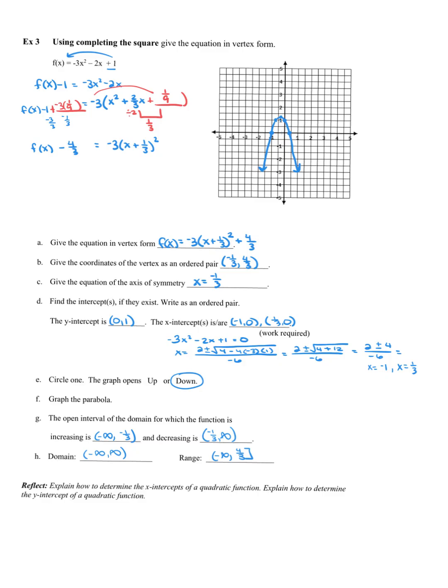Okay, so explain how to determine the x-intercepts of a quadratic function, and then explain how to find the y-intercepts. So for x-intercepts, let y equal 0, and then solve for x by factoring, completing the square, or quadratic formula.